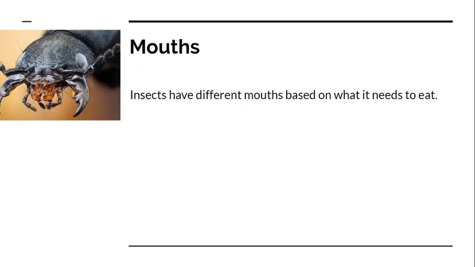And so the mouth on a certain insect is going to look drastically different if it ate plants than it would if it ate other insects or had to eat wood all the time, like we talked about in yesterday's video.